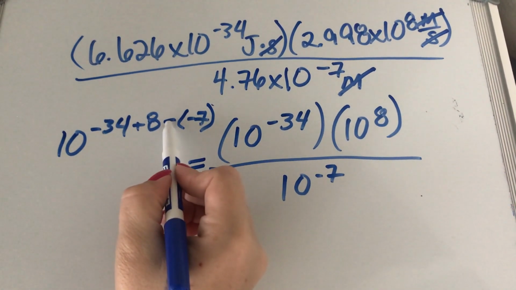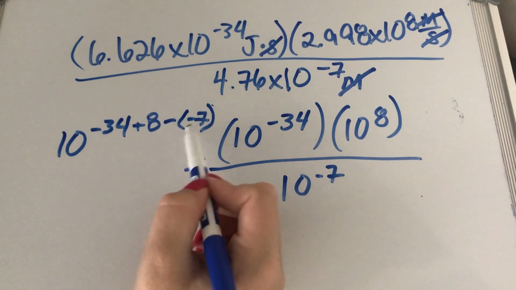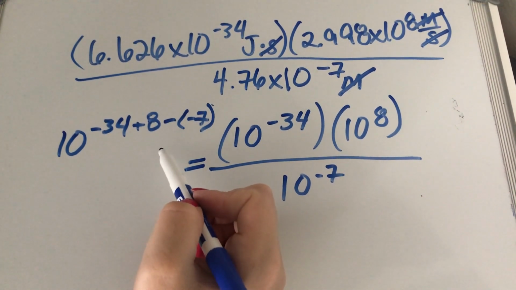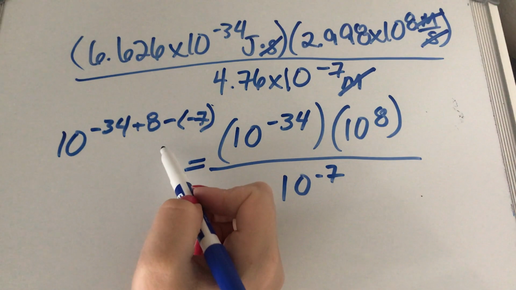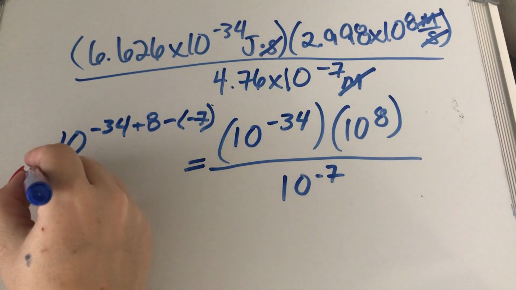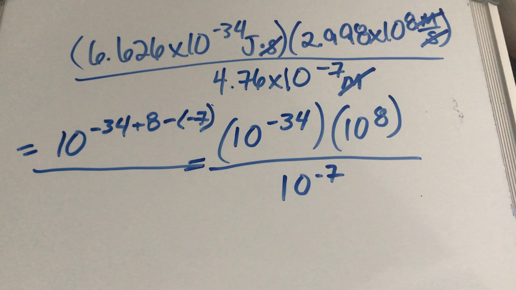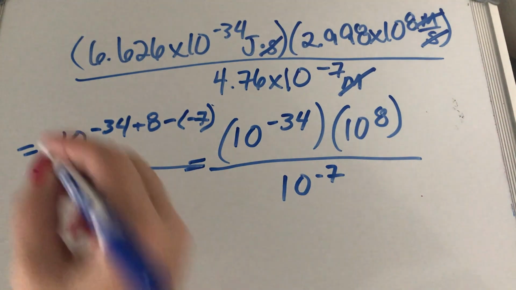So when you have minus and minus next to each other, that gives you a positive, right? Everybody comfortable with that? So, overall, what does this equal? To the negative 19th. Mm-hmm.